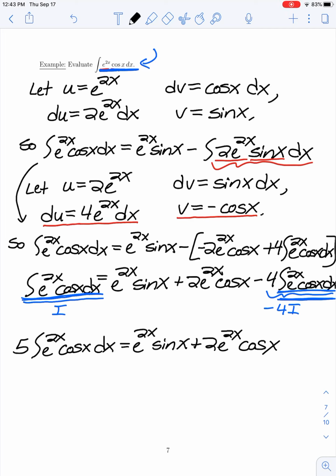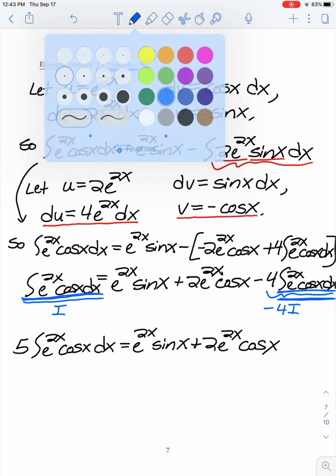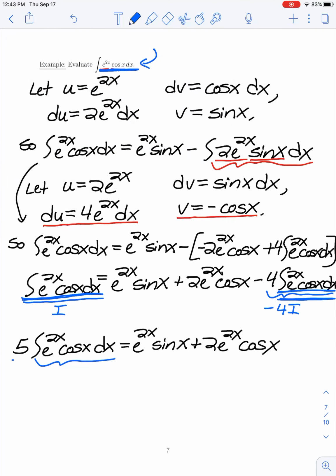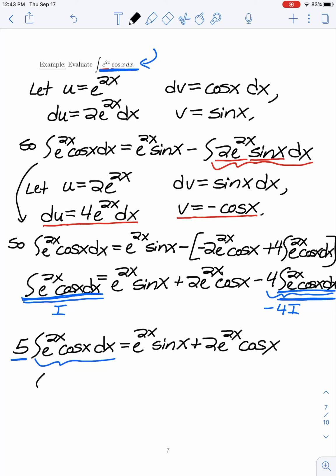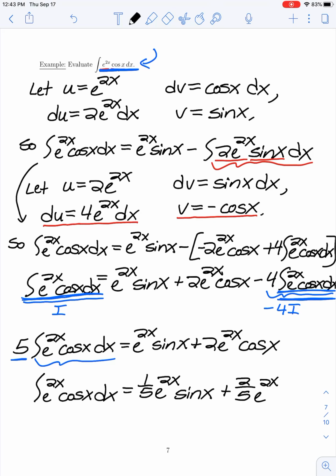Now to solve for this integral that I'm interested in, I just have to get rid of the multiplication by 5 out in front. So I can divide both sides of my equation by 5, and I'm left with the integral of e to the 2x cosine x dx is 1/5 e to the 2x sine x plus 2/5 e to the 2x cosine x.